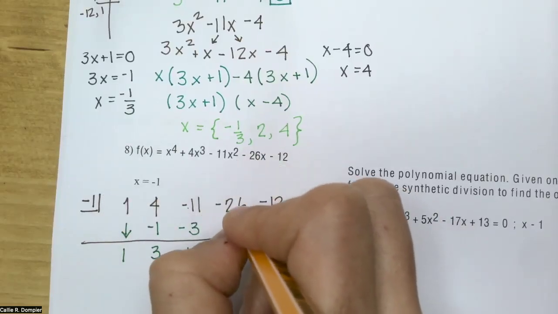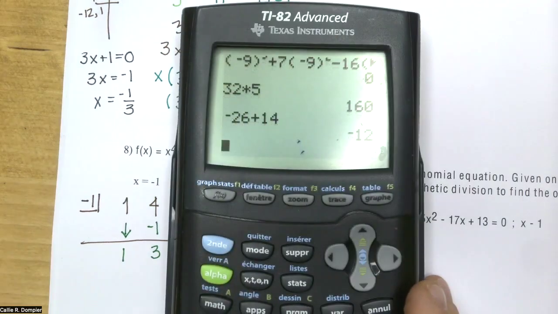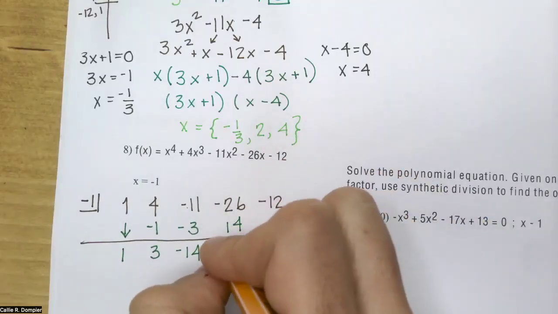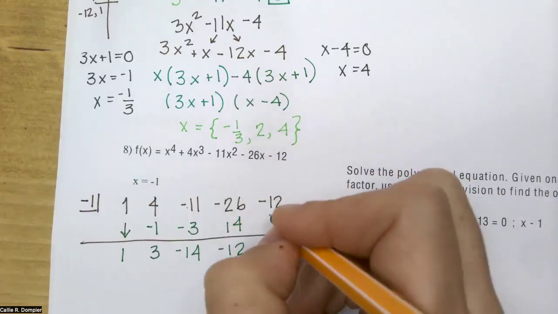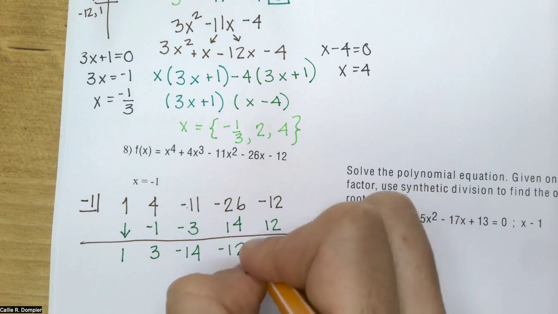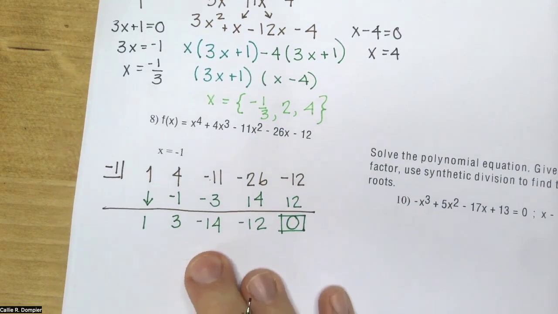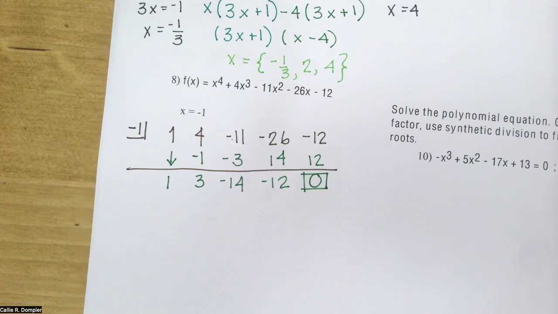So now I have a -26 plus 14 is -12. Multiply that by -1, I get a positive 12, and my remainder is 0. So we have ensured that that is really a factor, and now we have a new polynomial, okay?